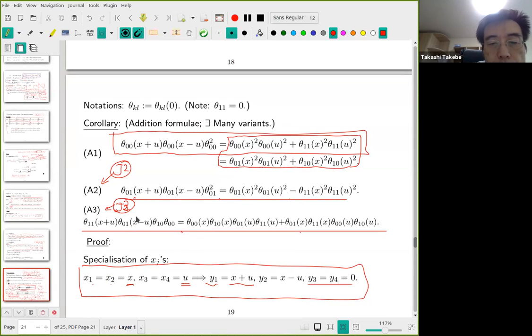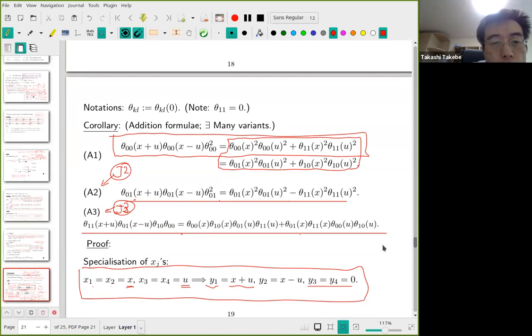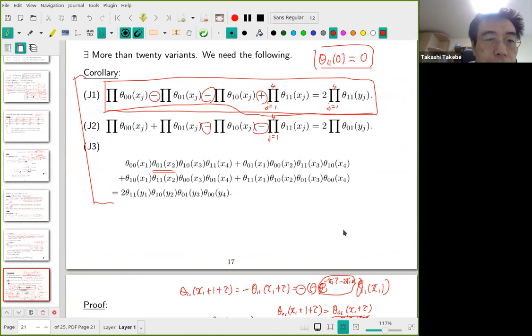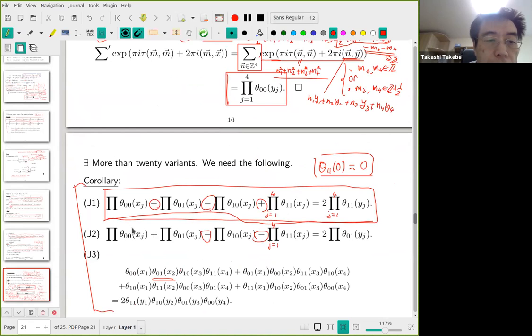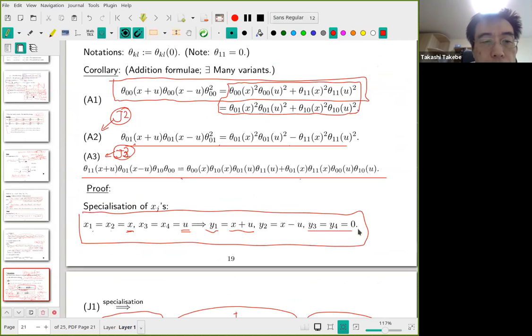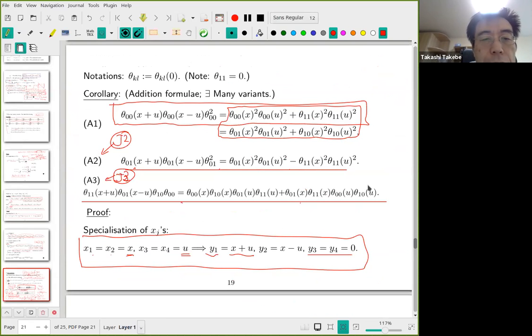There are three formulae here, but there are tens of formulae of this kind. And they are obtained by specializing some variables of these formulae, like this.